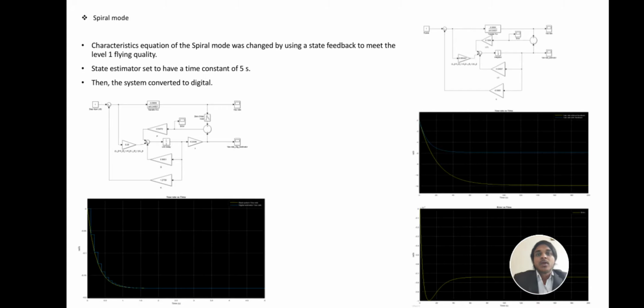Let's look at the spiral mode stability augmentation system. The characteristic equation of the spiral mode was changed by using state feedback to meet the level 1 flying quality. The state estimator was set to have a time constant of 5 seconds. Then the system was converted to digital.